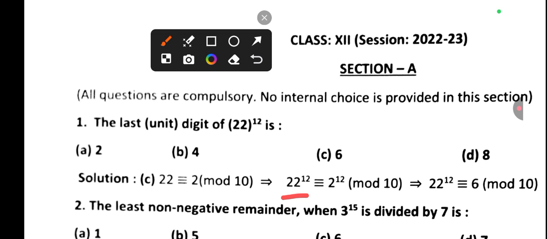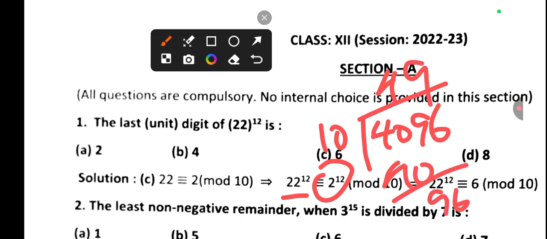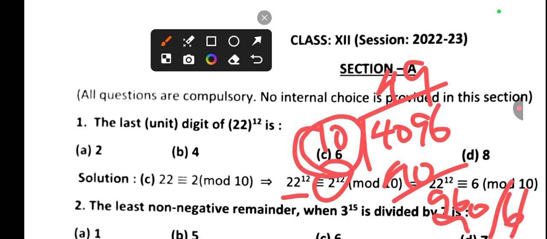With 2 power 12, we are getting the answer 4096. Direct 2 power 12 they are finding. Divide with 10. If you do the 10 table, 10 fours are 40, then 96, 10 nines are 90, remainder 6, children. So 6 is the answer.